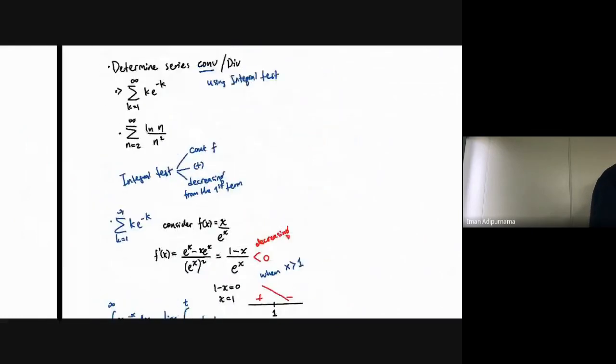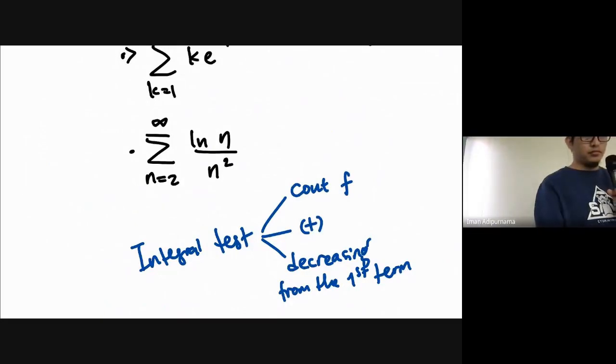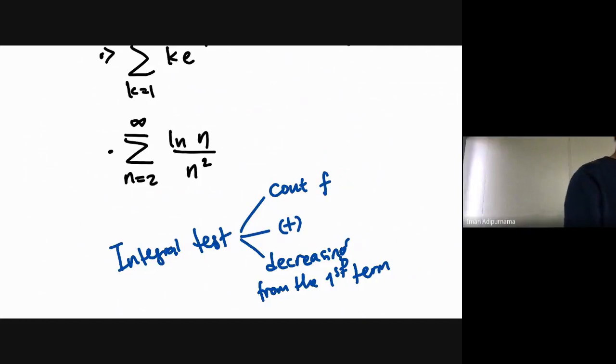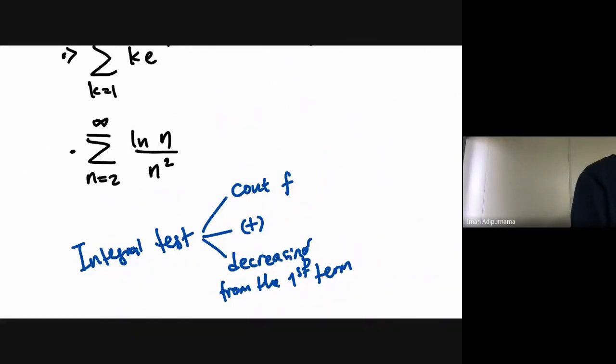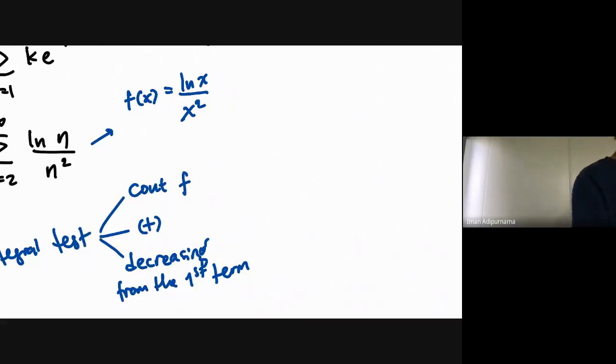Okay, number two, this one. If you want to prove that this is decreasing, you can do the same thing. Derive, and then the first derivative should be less than 0, and you get what x should be for decreasing, and you can prove that.